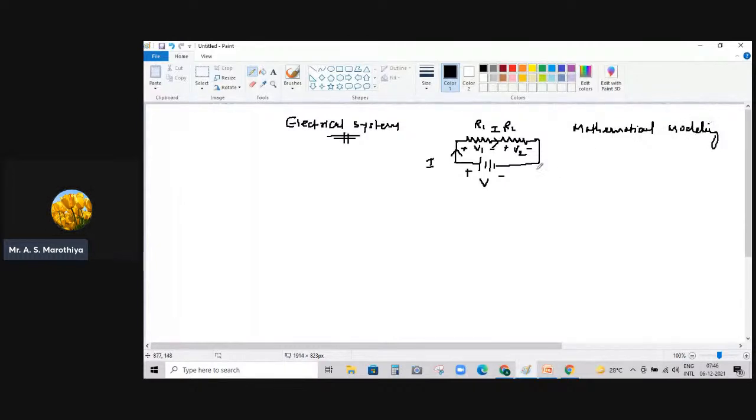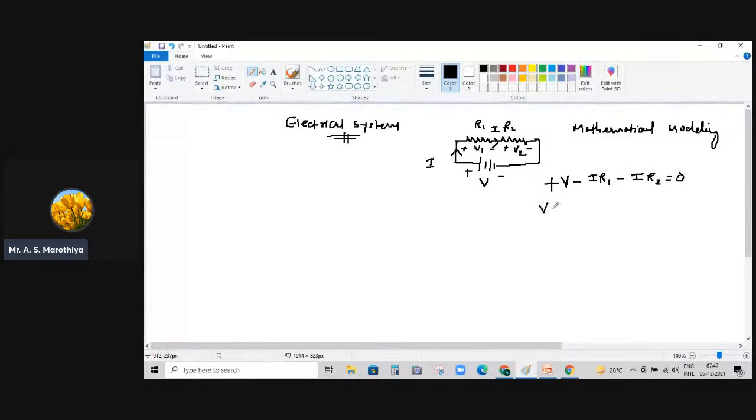Now see here, if you apply Kirchhoff's voltage law to this circuit, I can write V, because I am reading the circuit in the clockwise sense, going from negative to positive I experience a rise, so it is plus V, then minus I into R1, and then minus I into R2, equals 0.